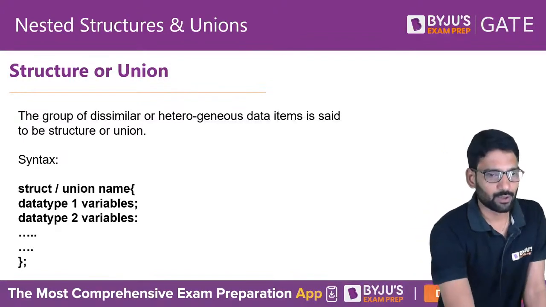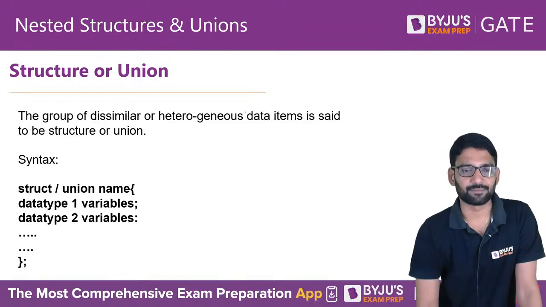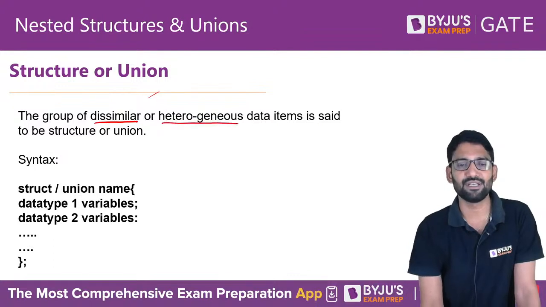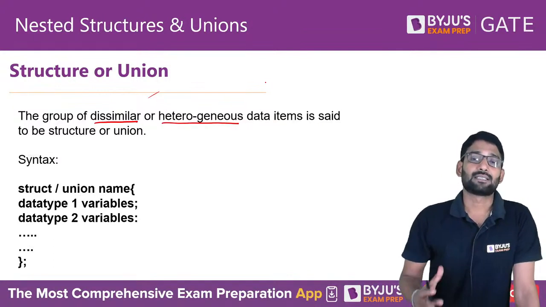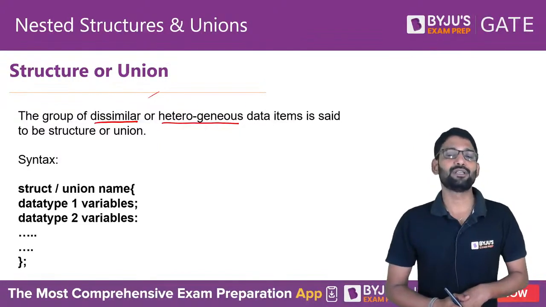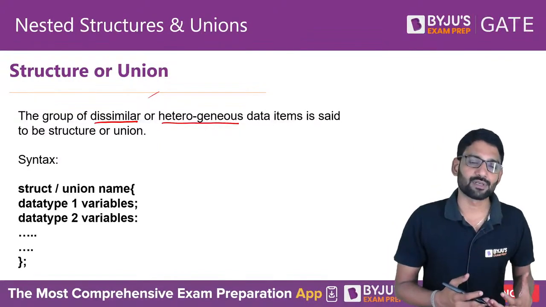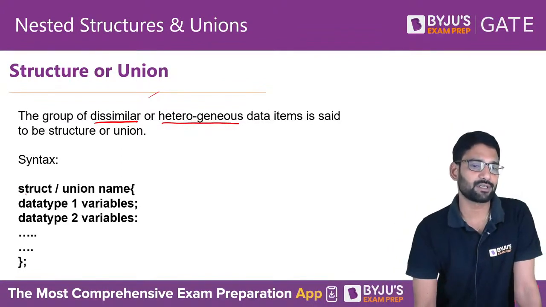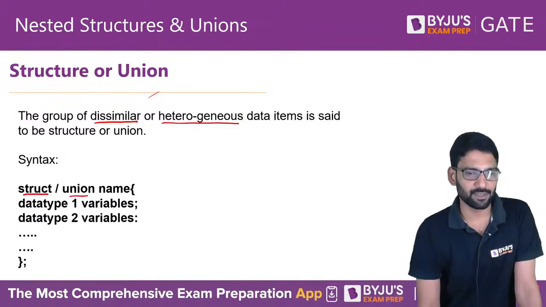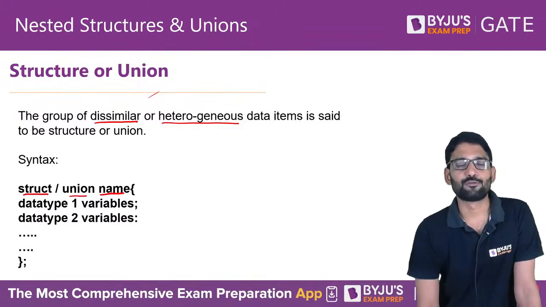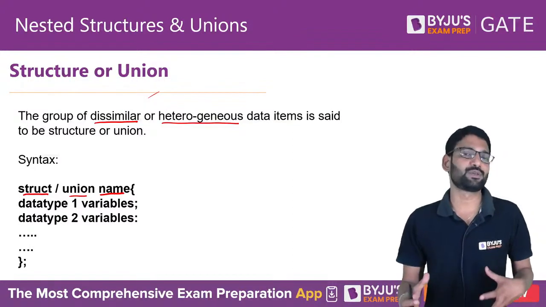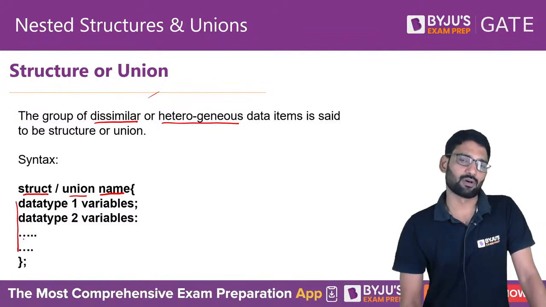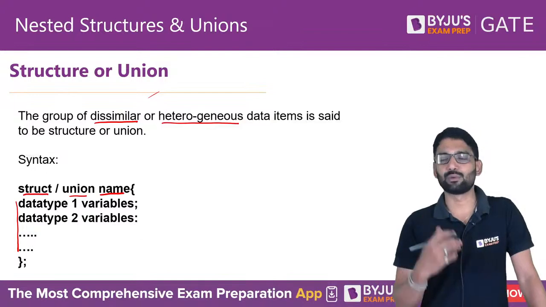But when we group dissimilar or heterogeneous data, that set of dissimilar or heterogeneous data is what we call a structure or union. So how can we create such a structure? With the keyword struct or union, the name of the structure, followed by what data we want to group. All those data items we will write in the structure block or union block, ended with a semicolon.